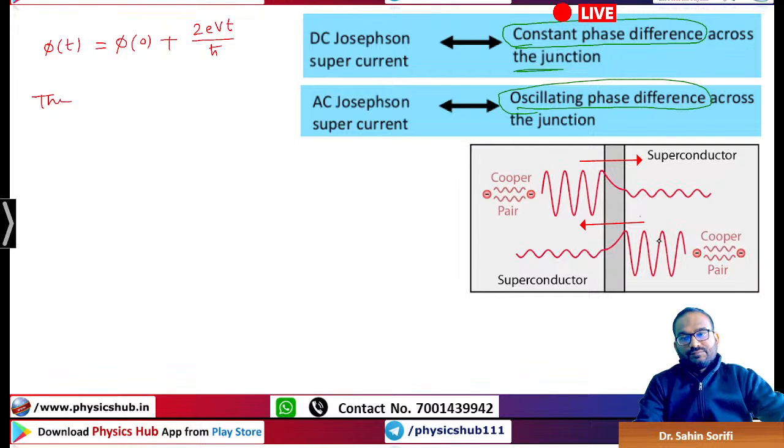Because of the flow of these superconducting Cooper pairs, we will get superconducting current.